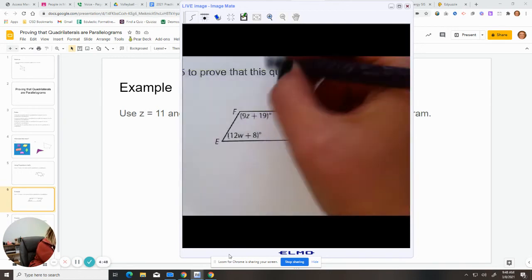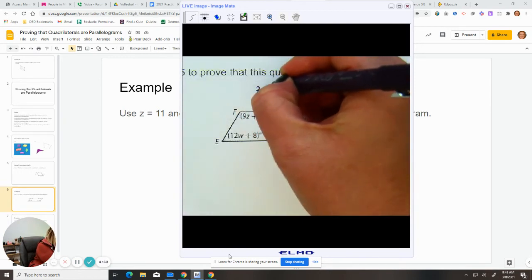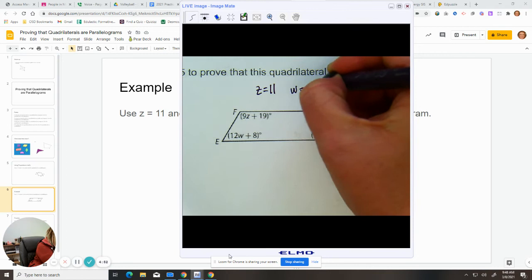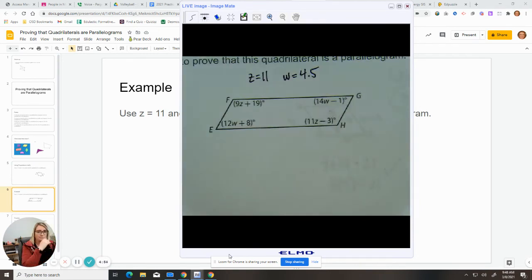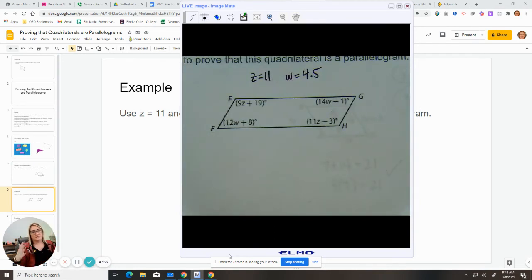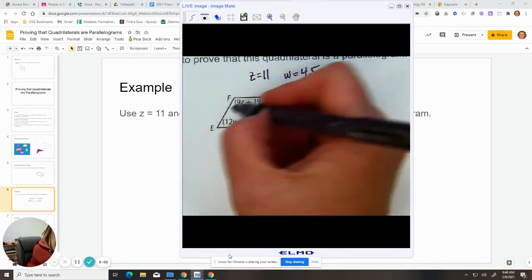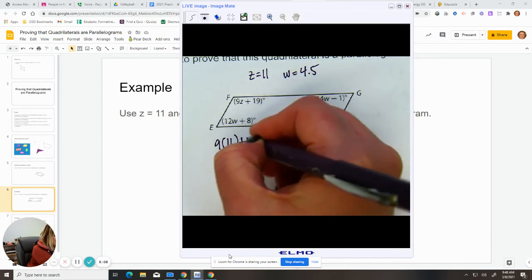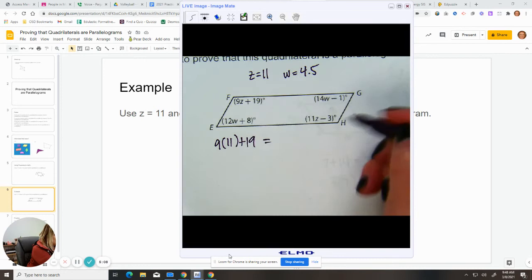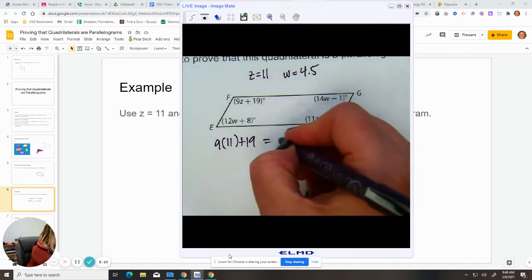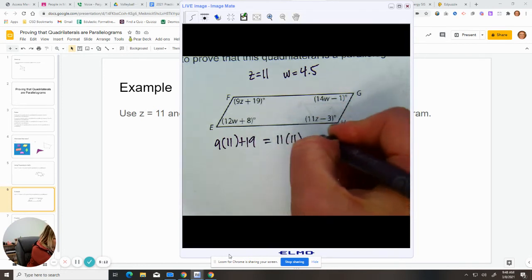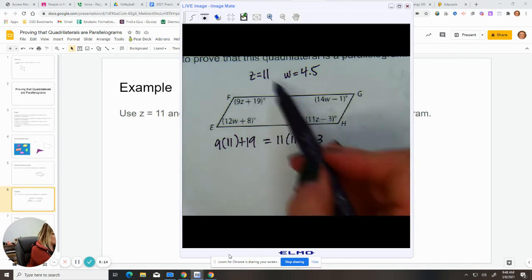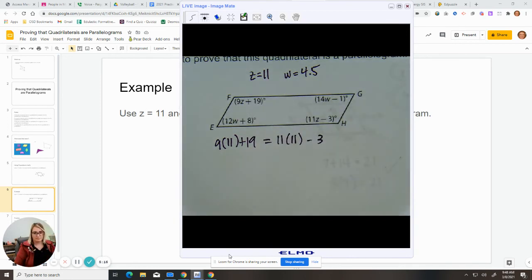Again, I'm going to rewrite up here that we're using Z equals 11 and W equals 4.5. We can start with either one. It doesn't even matter. I'm going to start with Z just because it was the first one given to us. So we are saying 9 times 11 plus 19 has to be equal to 11 times 11 minus 3, because we're replacing Z with 11.